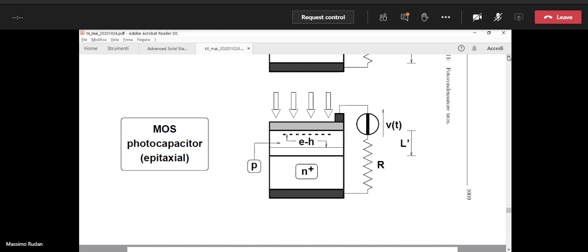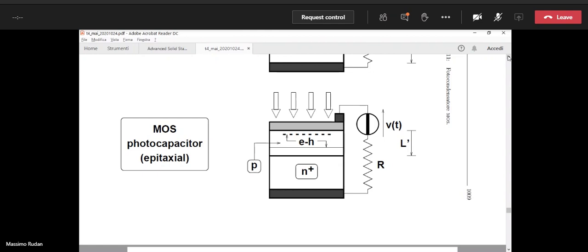It's simply a manufacturing change that is visible in the figure. Instead of starting with a p-type substrate, we start with the N+ type substrate, so a very heavily doped substrate of N type.